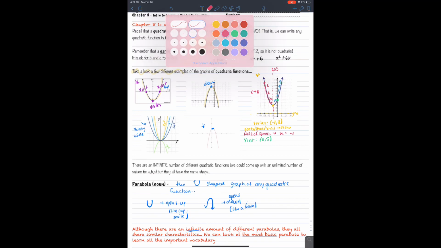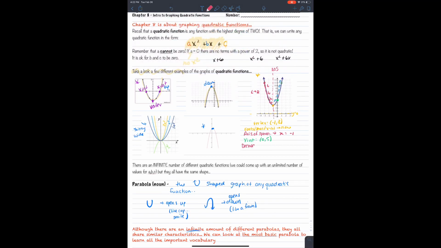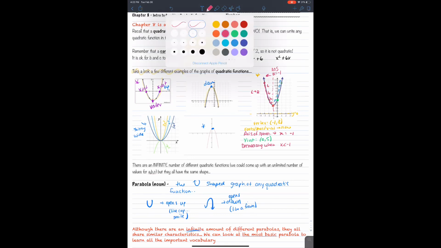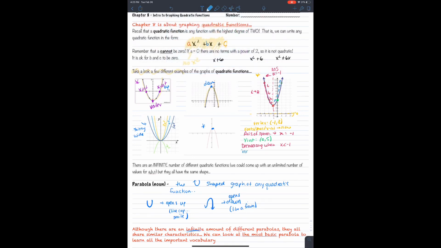Well, that graph is decreasing whenever I choose an x that's on this side. This x value right here is -1, so anything to the left of -1, anything less than -1. My graph would be going up, which is increasing, whenever you pick an x value that is greater than -1.